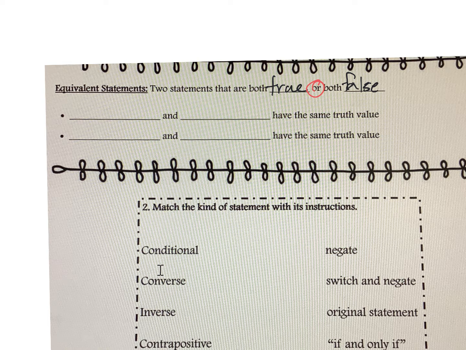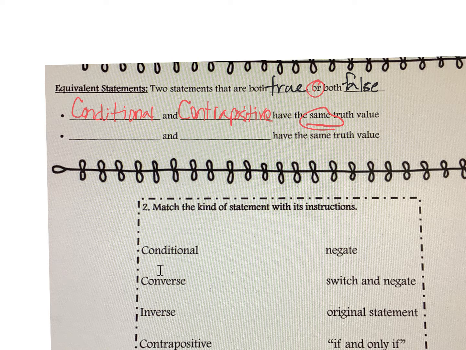So when I look back up at the other side of the notes, which two have the same truth value? If you said conditional and contrapositive, then you are correct. They both have the same truth value.